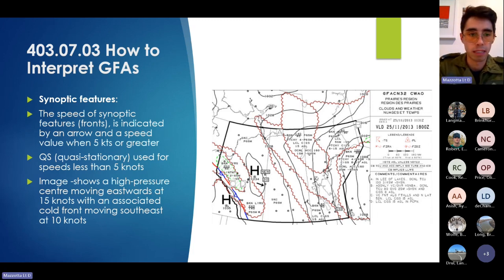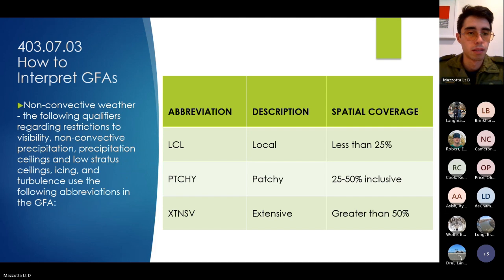Okay, so I'll give you guys a couple seconds on this slide here, and then I'll go back to the previous slide. Okay, so there's those non-convective weathers. If you need the convective weather as well, just let me know.